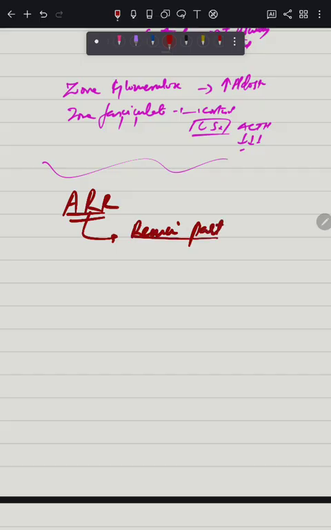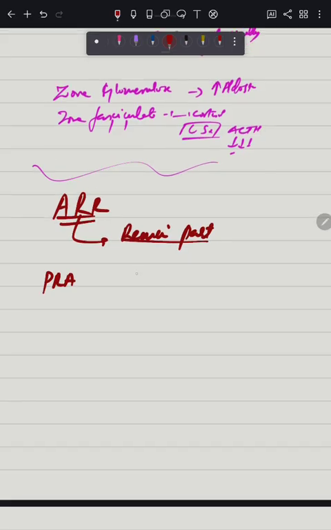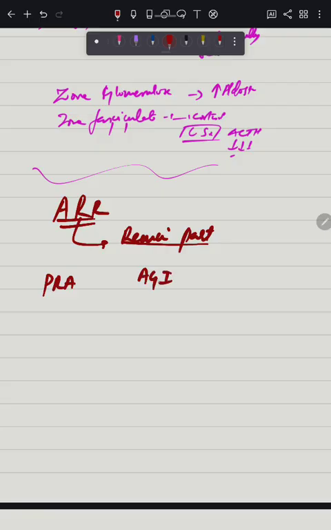One is plasma renin activity, that is it measures how much angiotensin 1 is generated, because we know what renin does: it converts angiotensinogen into angiotensin 1.